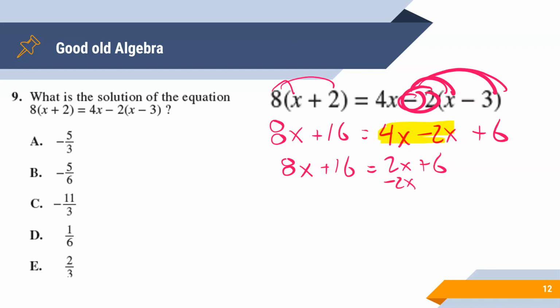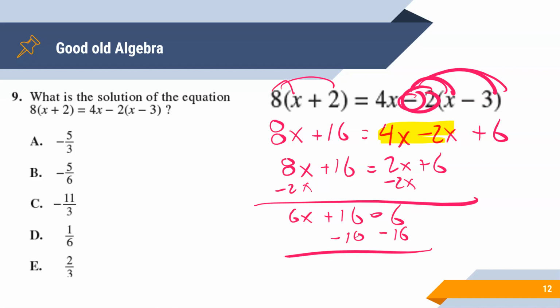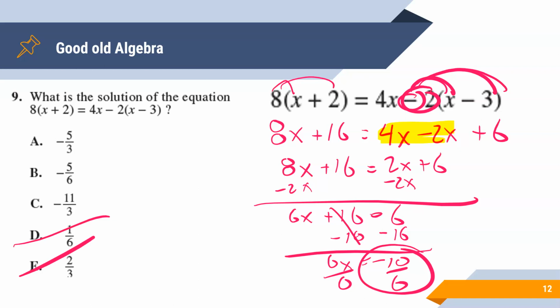And then subtract 2x. Subtract 16. Divide by 6. We have negative 10 over 6. I'll probably get rid of those two positive answers because those are not correct. But negative 10 over 6 reduces to be negative 5/3. Choice A.